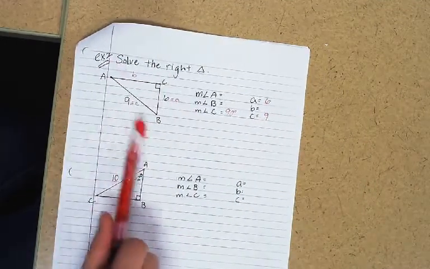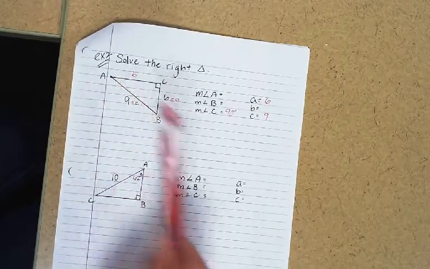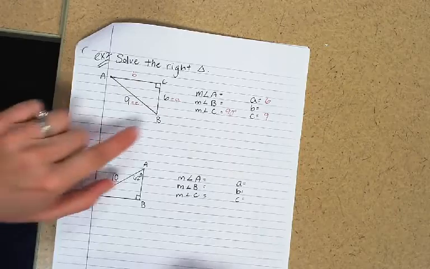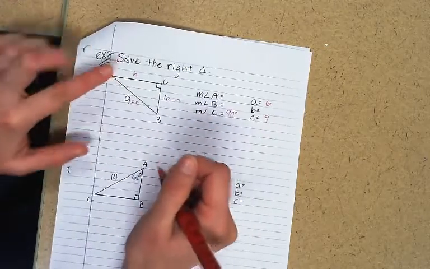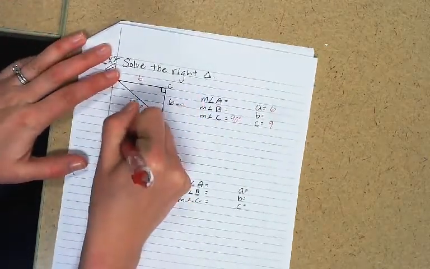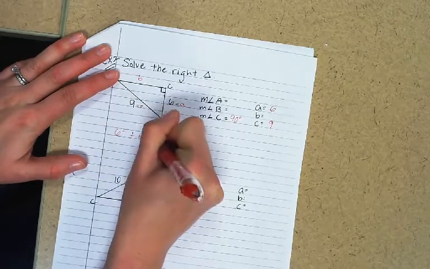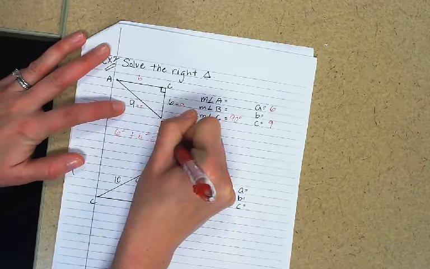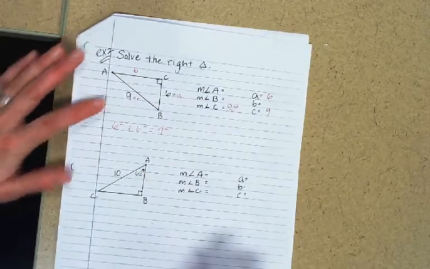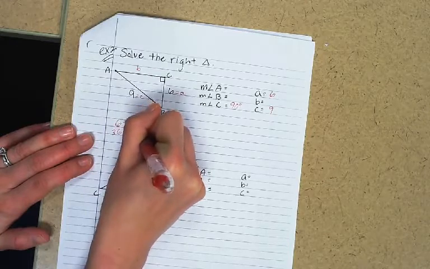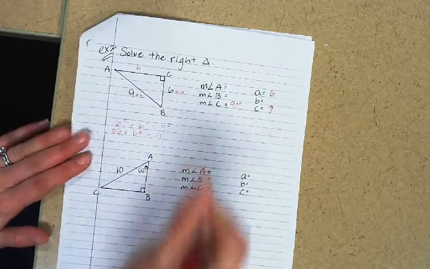Starting out right here, if you have 2 of the 3 side measures, you should do the Pythagorean theorem. To figure out what b is, I would go 6 squared plus b squared equals 9 squared. That's going to give us 36 plus b squared equals 81.